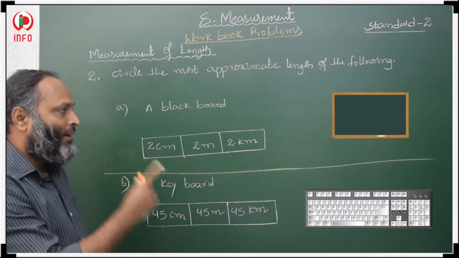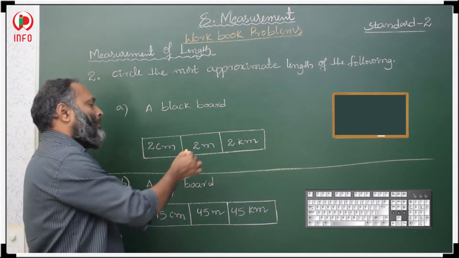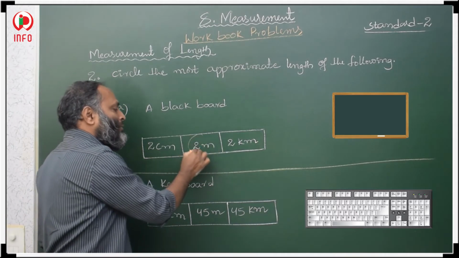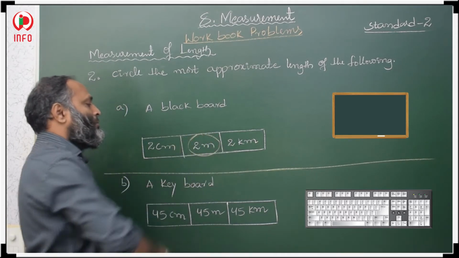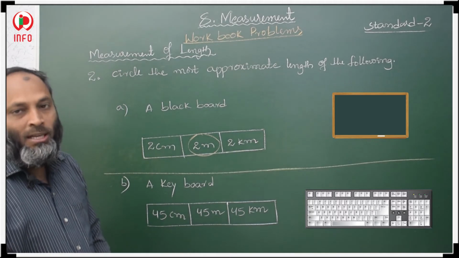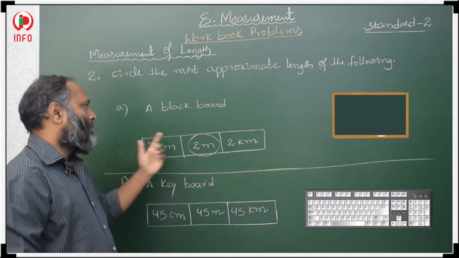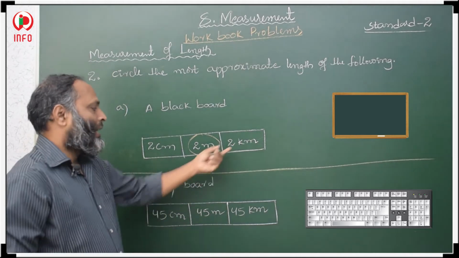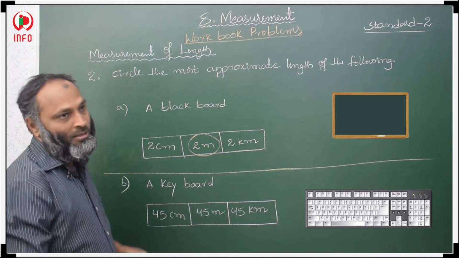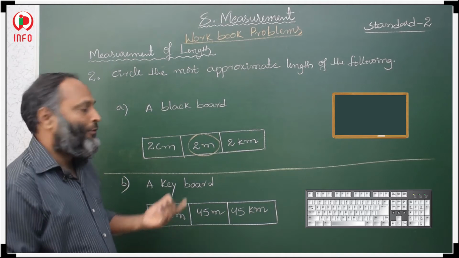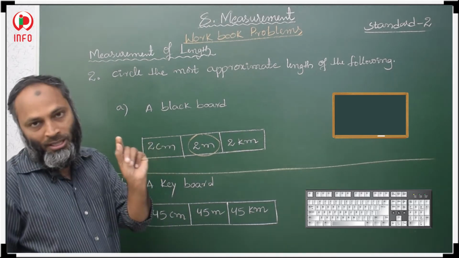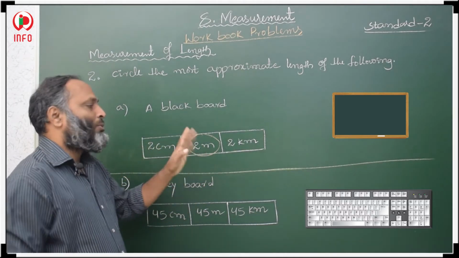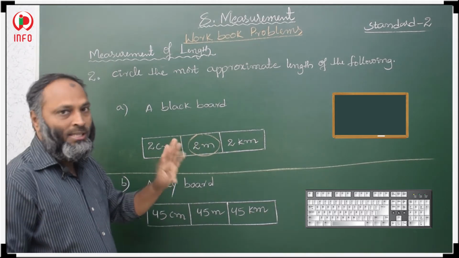Then the length of a blackboard is approximately 2 meters. Circle this one, 2 meters. So 2 centimeters is very small, and 2 kilometers is very long. We don't have a blackboard that long or that small. So the blackboard length is in meters.